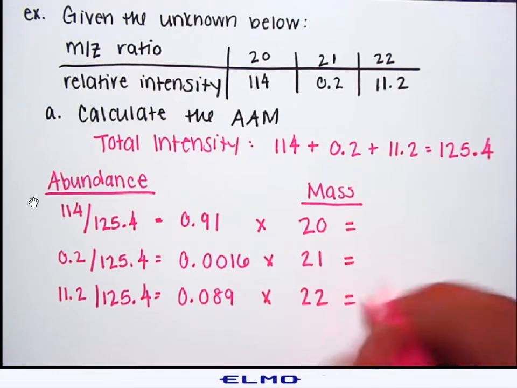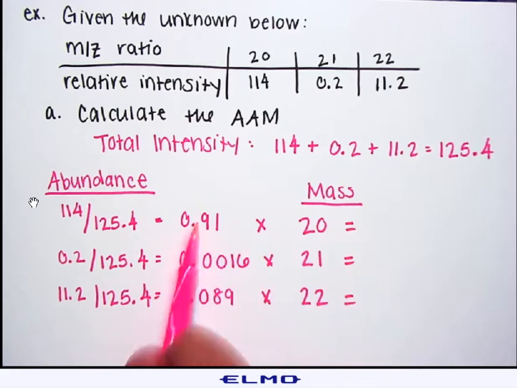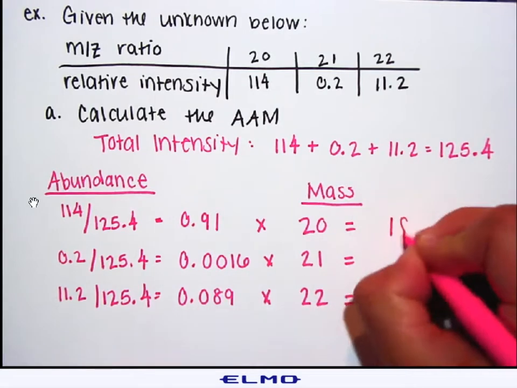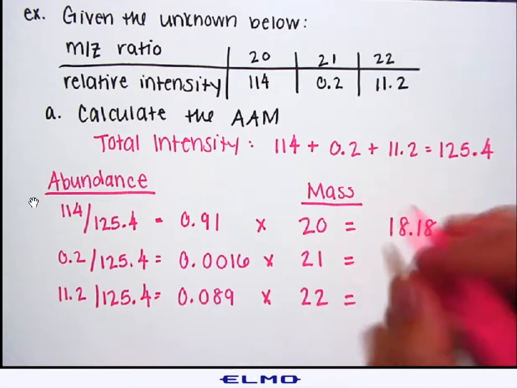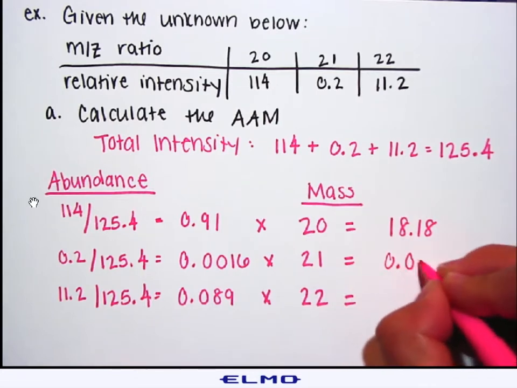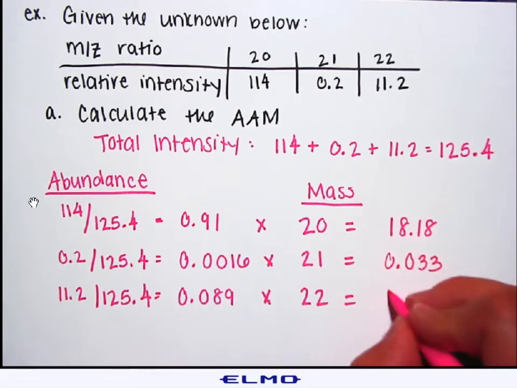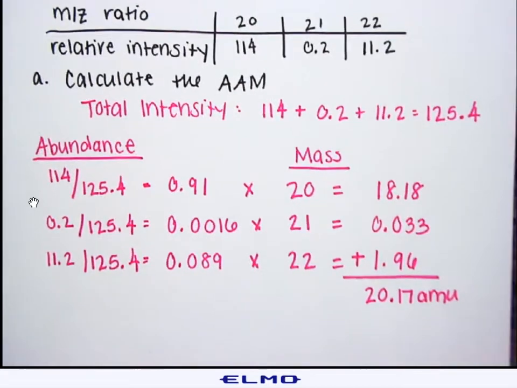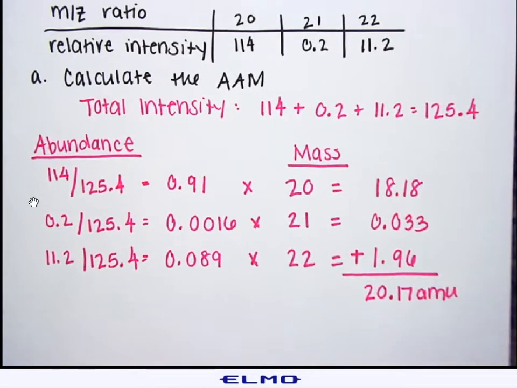So now we do average atomic mass: mass times abundance of isotope 1, plus mass times abundance of isotope 2, plus mass times abundance of isotope 3. And I got 20.17 AMU as my answer.